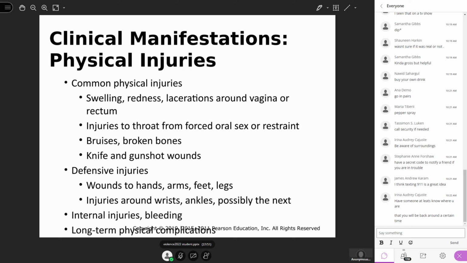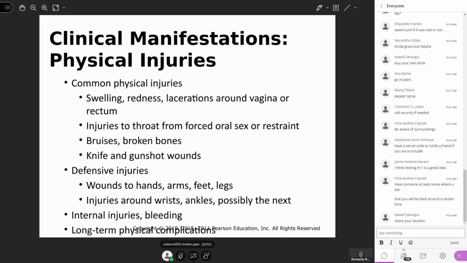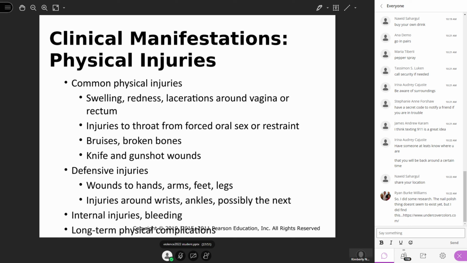All right. So we're going to see that a person who may have been raped will have some physical injuries: swelling, lacerations around the vagina or the rectum, injuries in the throat. They may have bruising, broken bones, and it may even get very violent if they're being held at gunpoint or with a knife by somebody who is going to hurt them.